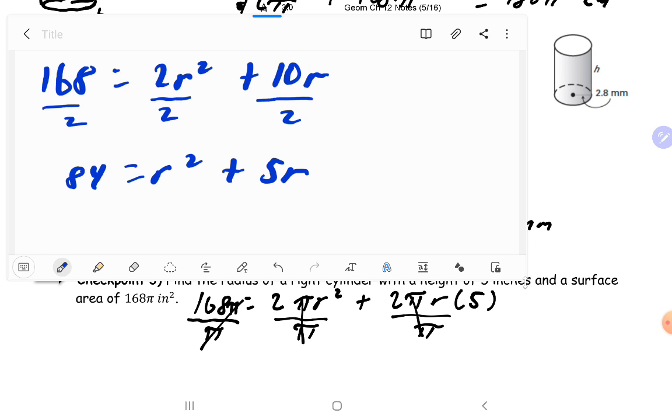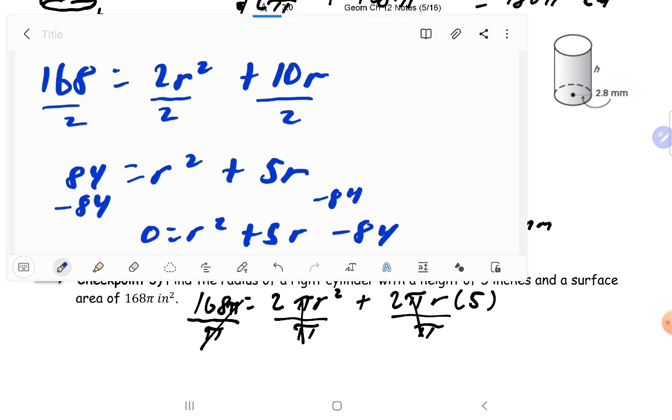Now if you don't remember this from algebra, this is a quadratic equation. And how we solve quadratic equations is either using the quadratic formula, or we can factor. So I'm going to subtract 84 from both sides. My equation is 0 equals r squared plus 5r minus 84.